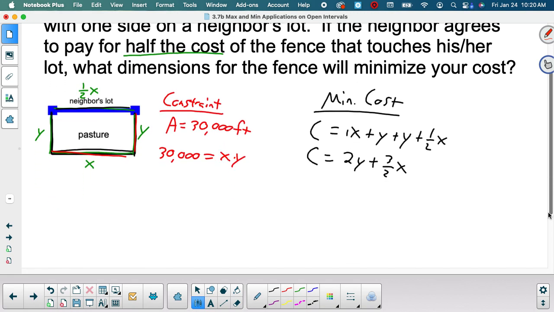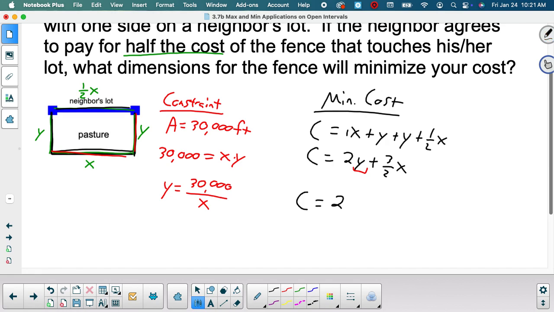So it's the same thing we've been doing, except for kind of backwards here. I don't know which one you want to solve for here. That really doesn't matter. I'm going to solve for Y. If I solve for Y, this is going to be what? Divided by X, I'll have 30,000 divided by X. What am I doing? I'm going to plug that in for Y right here. So what's my new cost equation?